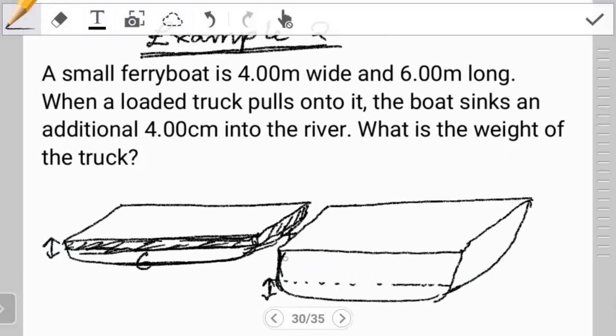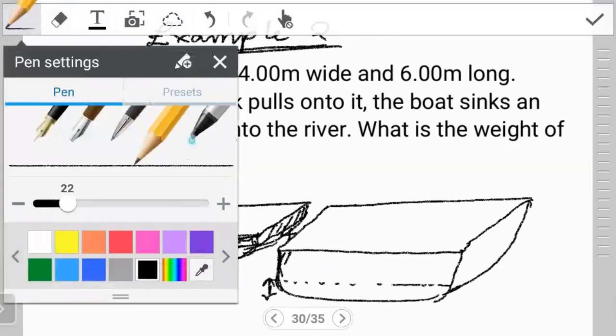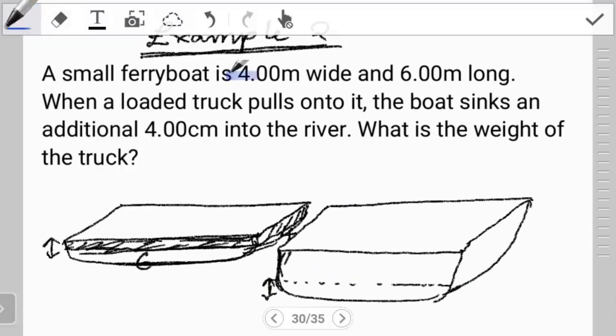Now this additional section, let's color it up so that you guys can actually see it. This additional section here, this is what sinks because of the loaded truck. So the truck causes this additional section to sink. Now what we're trying to find is the weight of the truck, exactly that, just the weight of the truck.